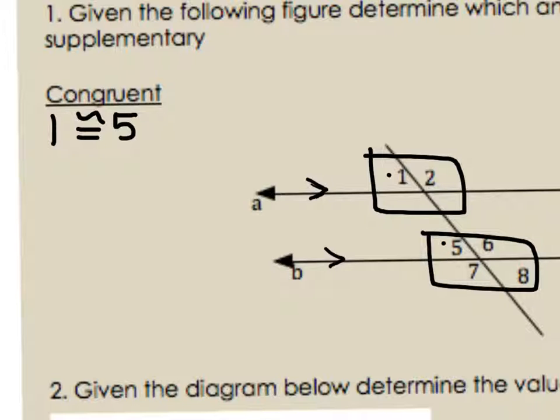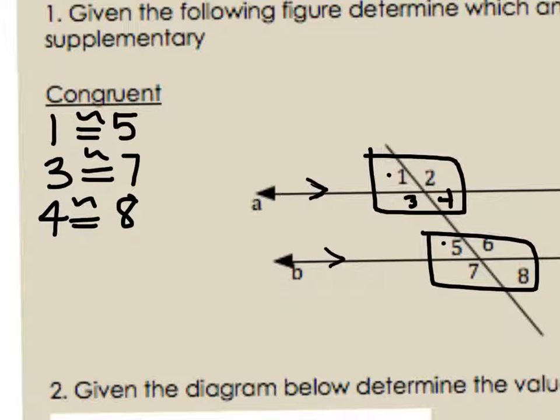They're congruent. And while we're at it, let's label this angle 3 and that angle 4. Angles that are also in the same place are 3 and 7, again bottom left, bottom left. So 3 is congruent to 7. Then 4 would be congruent to 8, using that same logic. And then 2 is also congruent to 6.